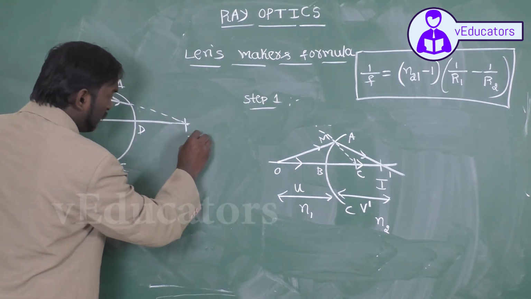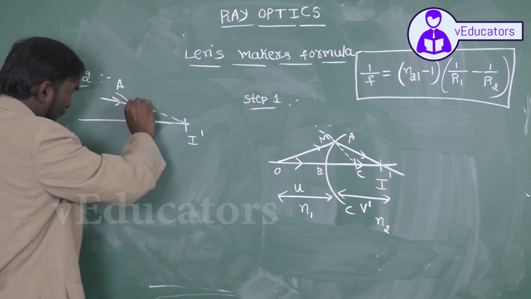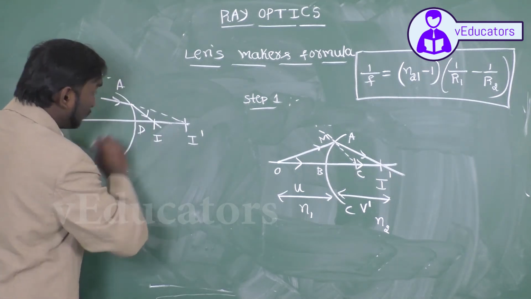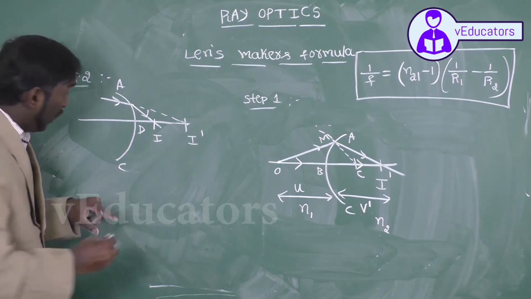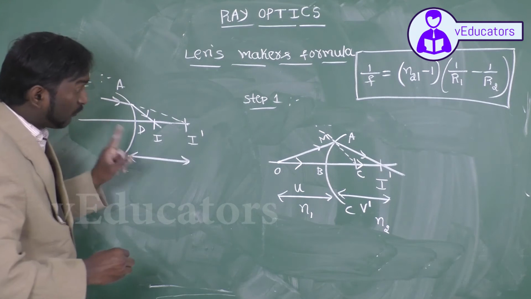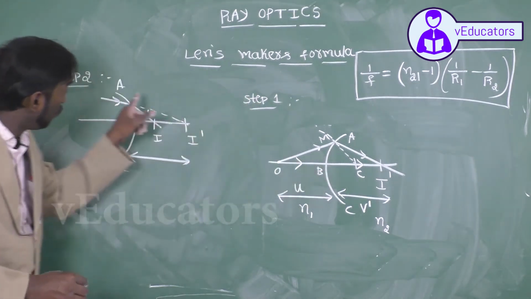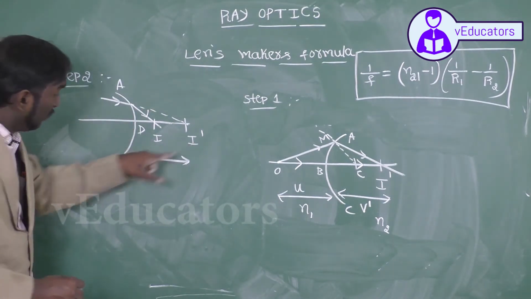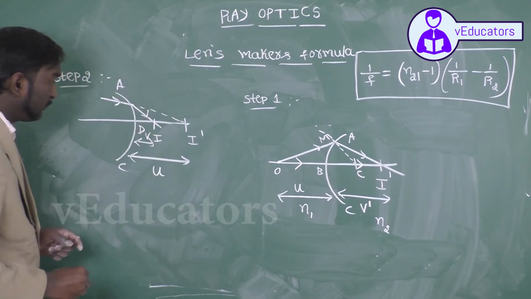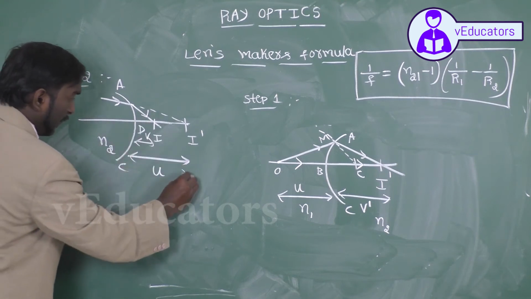Due to the presence of ADC, it refracts, and here I can see the image I. Now this will be the object distance, because whatever image is formed due to the first surface acts as a virtual object for the second surface. So this is v dash and this will be v. Here instead of n1 this is n2, and this is n1.